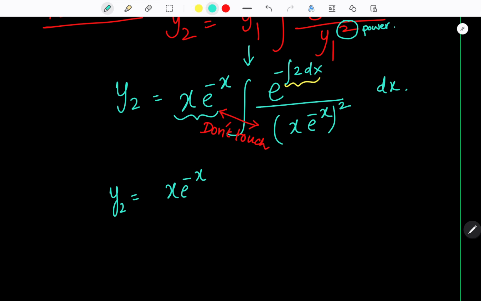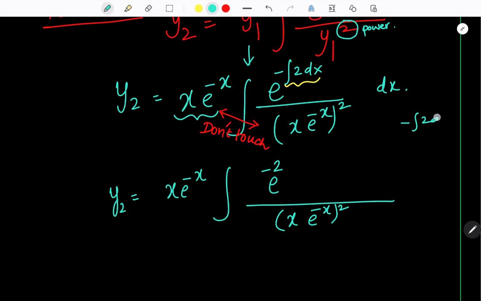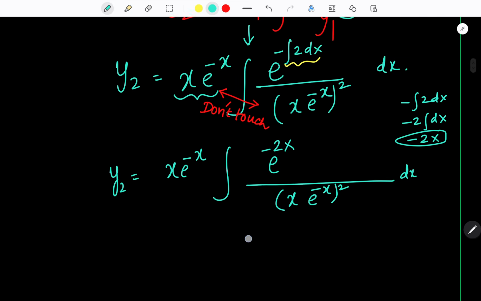Let me use the same color. Integral, this one is x e power minus x the whole square. So let's do the integration of this one. e power minus 2 will come out. So what is minus integral 2 dx? Minus 2 will come out, integral dx, which is minus 2x, dx.